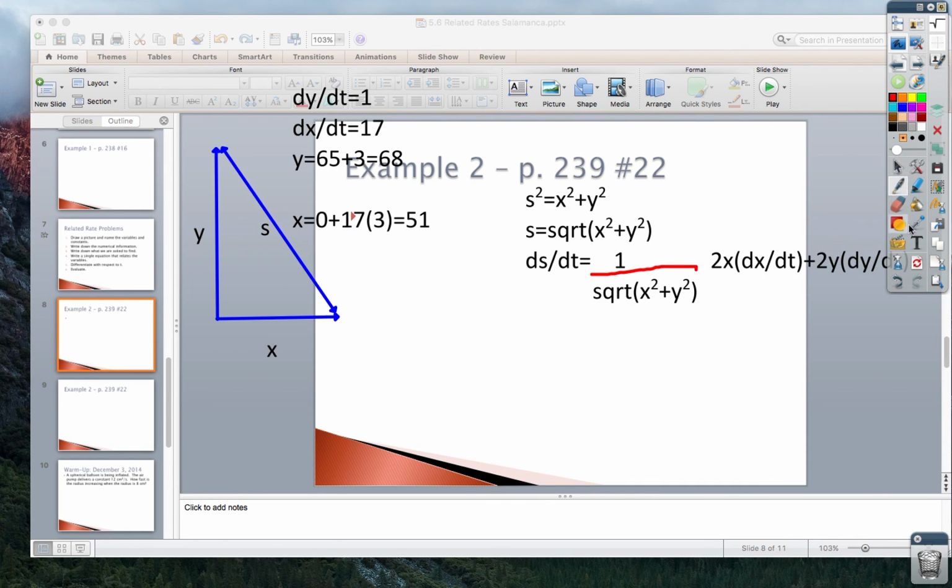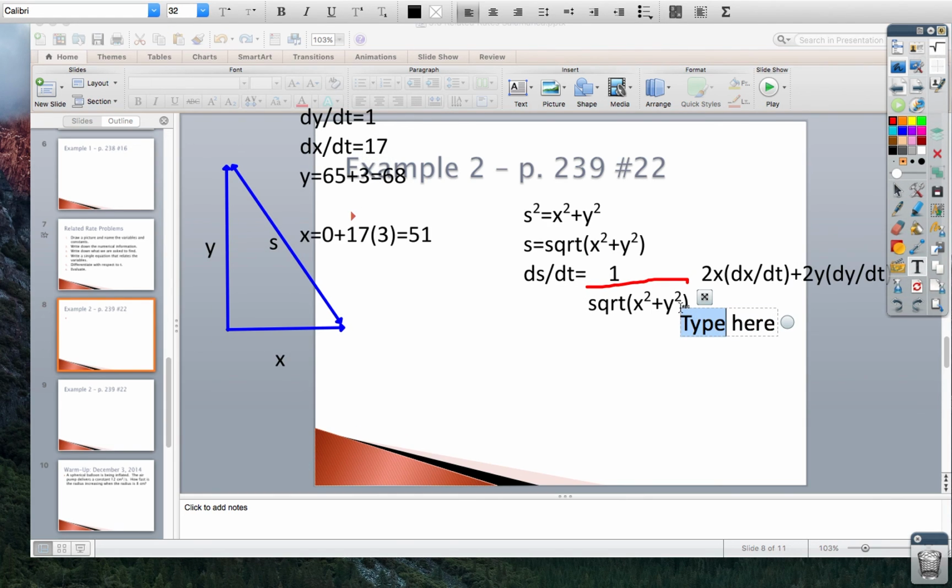And now we're just substituting things in. So we know that ds/dt is equal to 1. Oh, I forgot. When we did this derivative, we had to do a 2 down here also because it became 1/2. So now we're simplifying things.